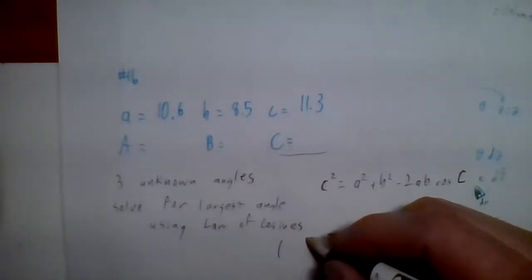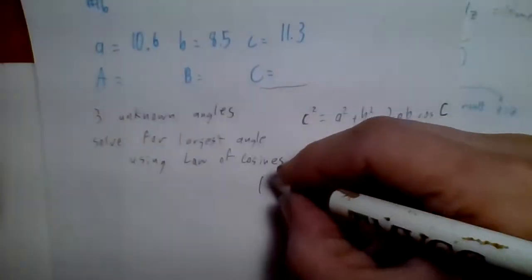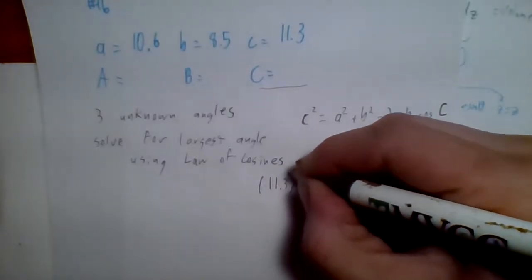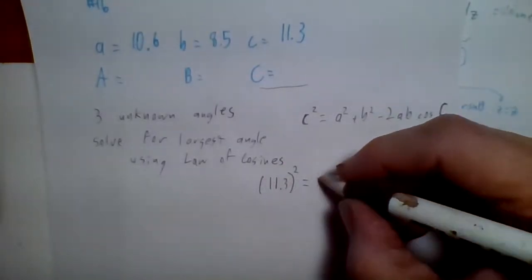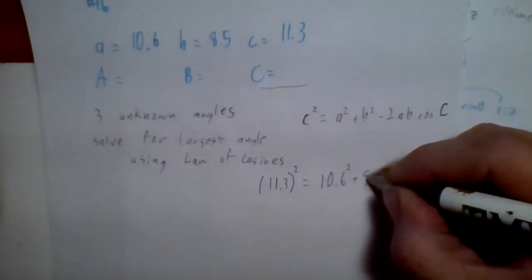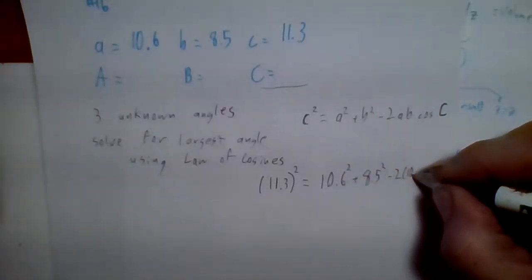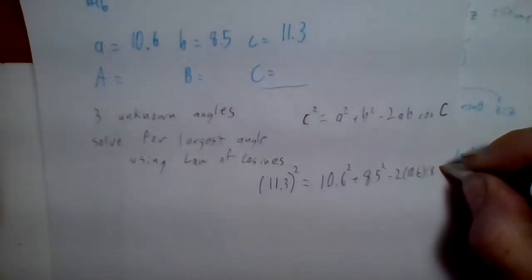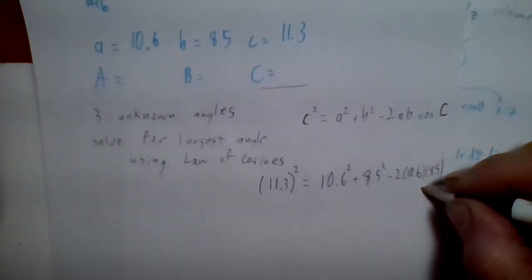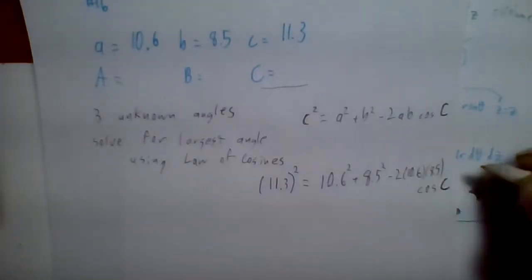Plug the numbers in. Trying to write large. C is 11.3. A is 10.6. B is 8.5. I started writing big and I'm running out of space over here, but this is cosine of C is part of this term.